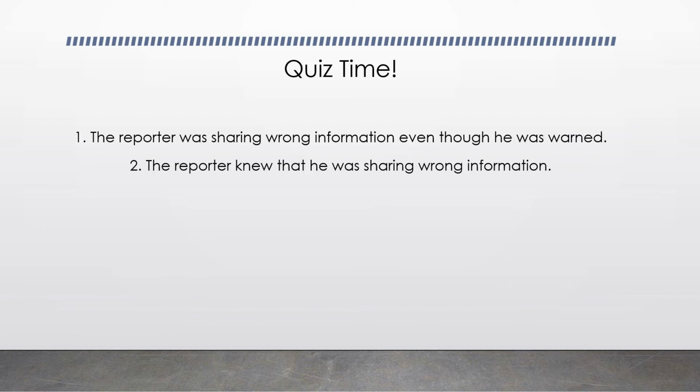The reporter was sharing wrong information even though he was warned. The reporter knew that he was sharing wrong information. And the correct answer is sentence number 1. And the adverb clause is even though he was warned.